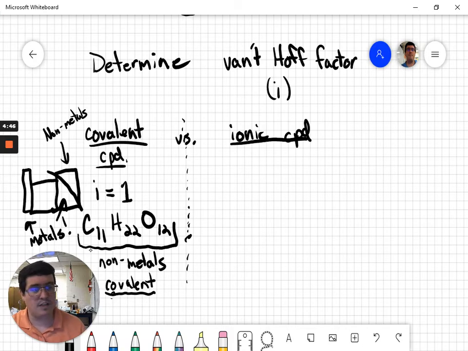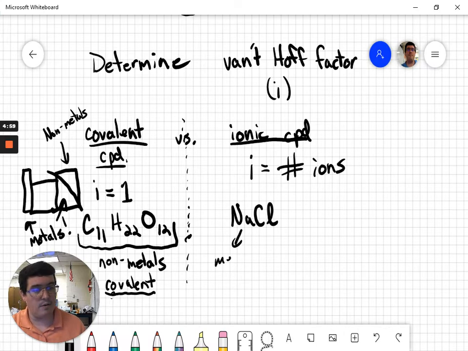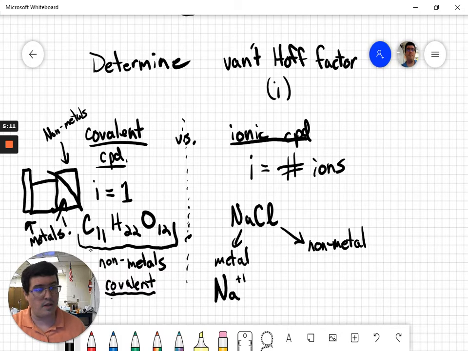Because the next thing we're going to look at is an ionic compound. In an ionic compound, i is the number of ions. So if you see something like NaCl, this is a metal, and this is a nonmetal. So quick reminder, metals form positive ions. This one happens to be in group 1, so it forms a +1.